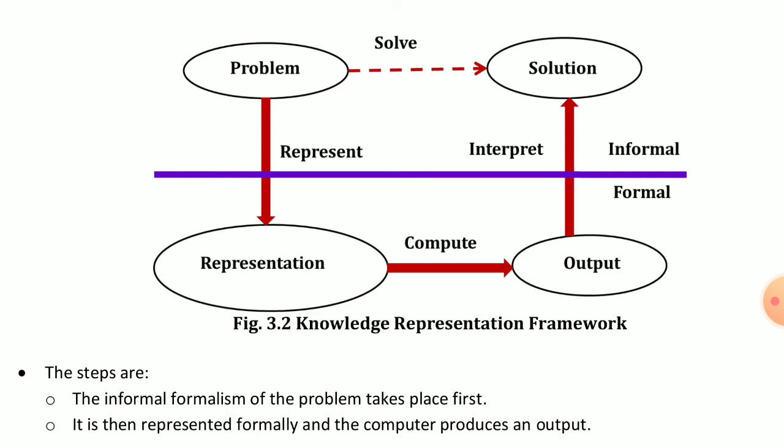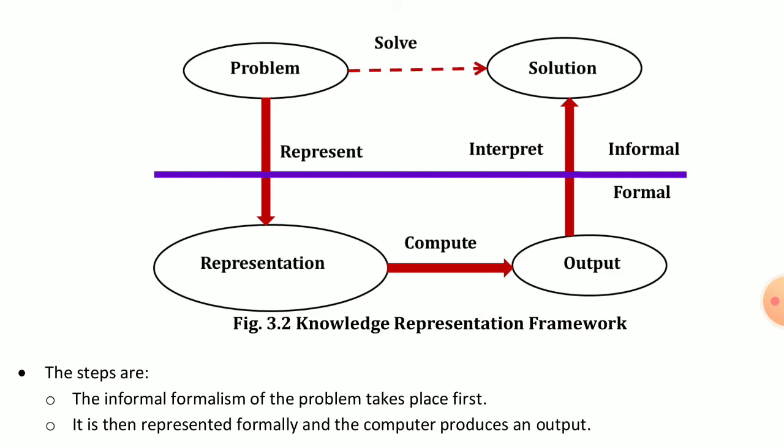What is the problem? Then second, it is represented formally and a computer produces an output. We get what is the problem, then we perform some algorithm or some method, and the procedure is done, so we get the output.